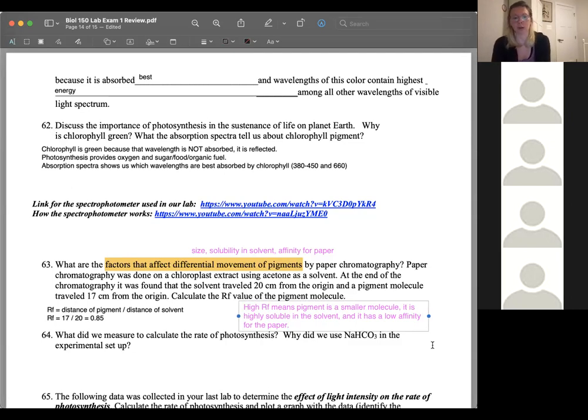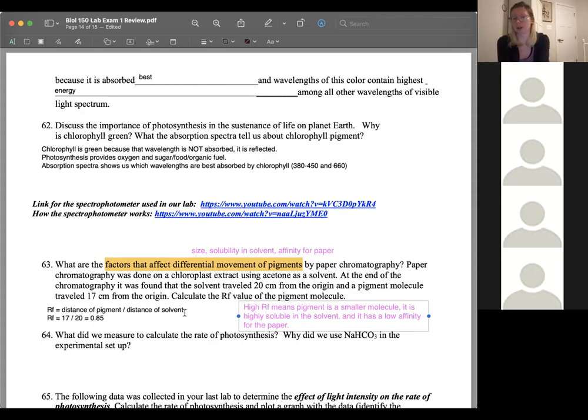Yes, exactly. So if it traveled a great distance in this nonpolar solvent, that would indicate that this pigment is nonpolar. So if you used water instead of this petroleum ether acetone solution, the pigments probably wouldn't move at all. They would have a very low RF value.